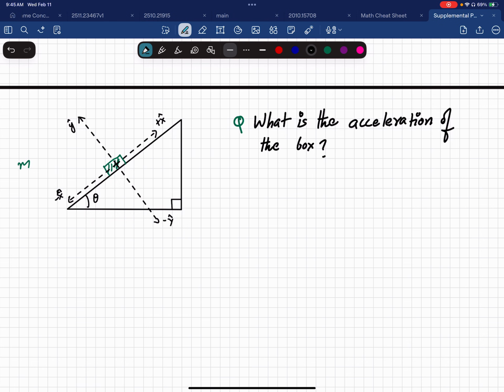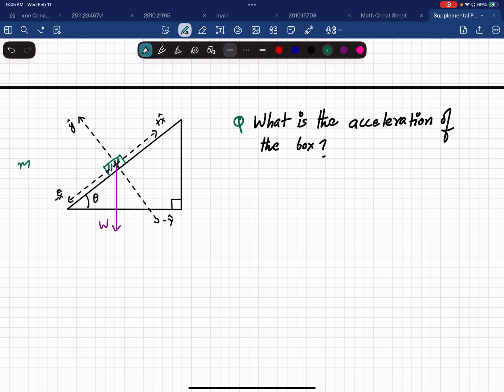Nothing has changed. Now, having said that, let's draw out all the forces. Now, for the force, again, you have the weight. Now, again, the weight is always and always directed downwards. Okay, the weight is bang downwards.